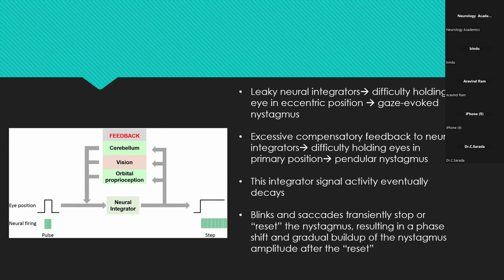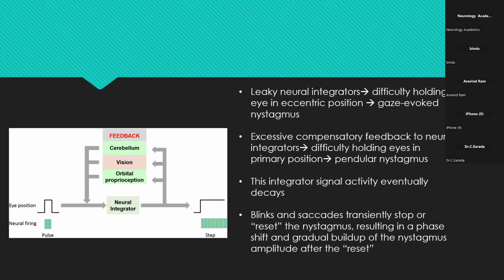pendular nystagmus. So this integrated signal activity eventually decays, and that will cause the pendular nystagmus to change in direction as well. With this loop, we can explain both the pendular nature as well as the change in direction of the compensatory saccade.